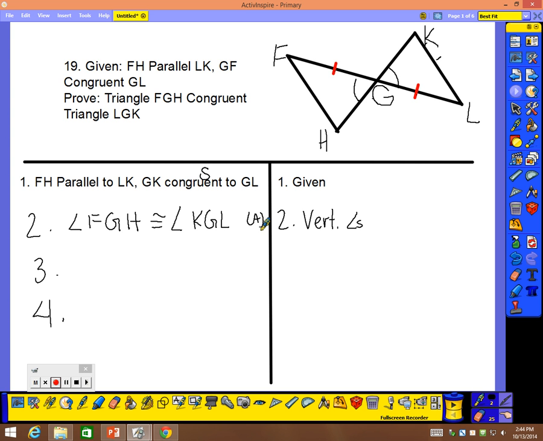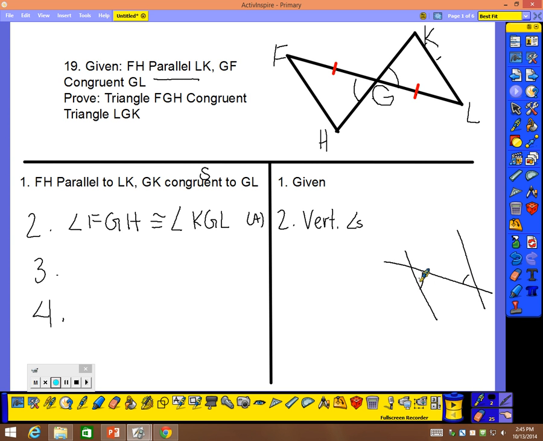And my parallel line was my clue. So I'm going to draw those parallel lines separate from its original drawing. So here's FH and LK right here. And here's a transversal that would have been FL. I'm going to draw that. And when I do, I begin to see that I have this angle and this angle as alternate interior angles.